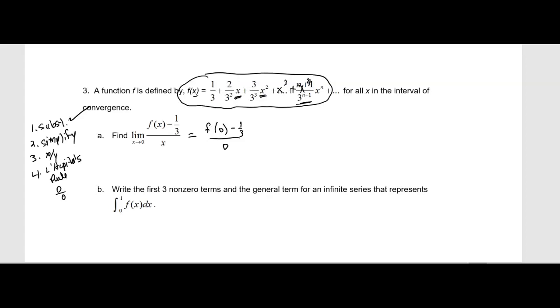All of these are going to have zeros in them. So that means all of these are going to go away, and the only thing you would be left with is a 1/3, and then we subtract a 1/3 over our 0, and lo and behold, you get a good old-fashioned L'Hopital's rule problem. All right. So we substituted, we get 0 over 0. That allows us to do our little shortcut using our derivatives. So that's our next step.